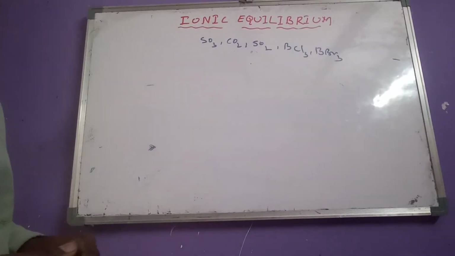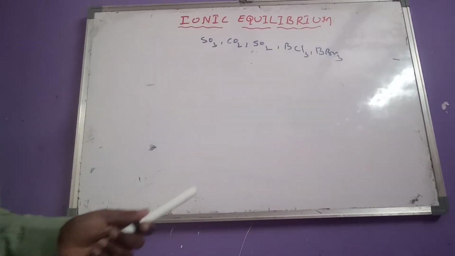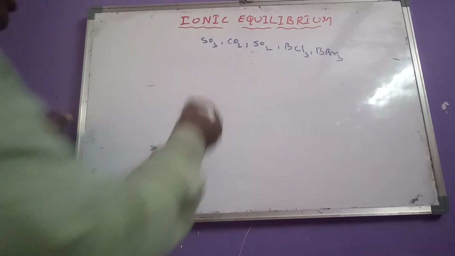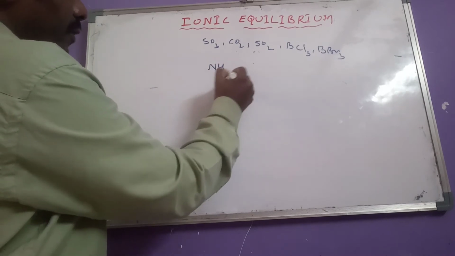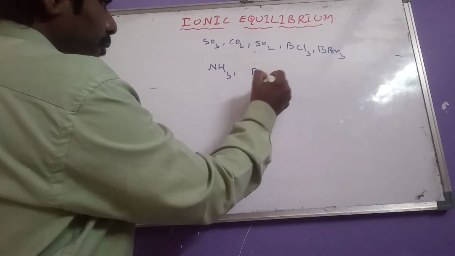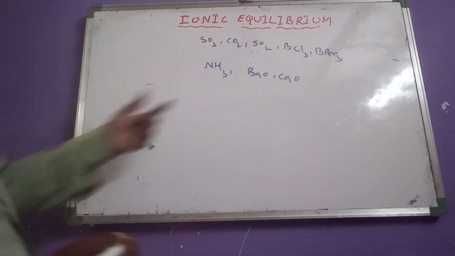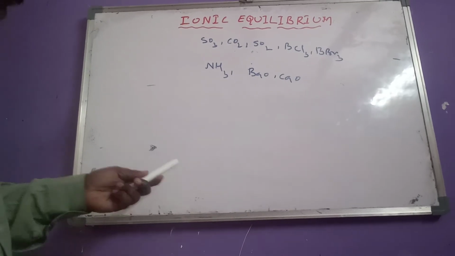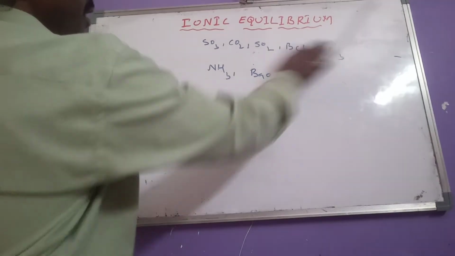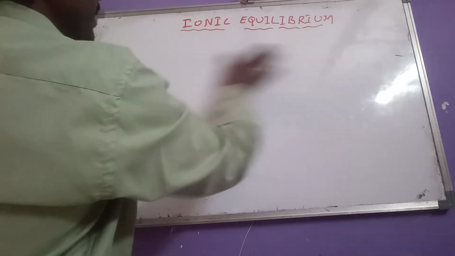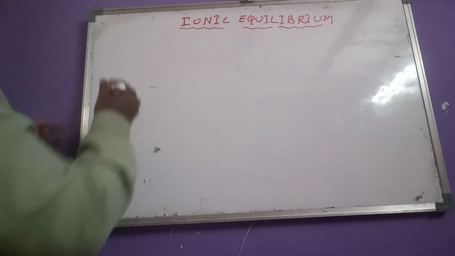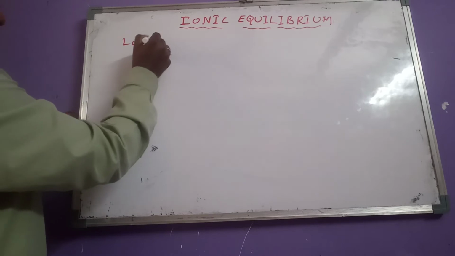It also could not explain the basic nature of NH3, BaO and CaO. These are the drawbacks and limitations of Arrhenius theory.